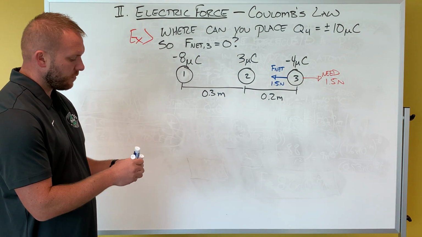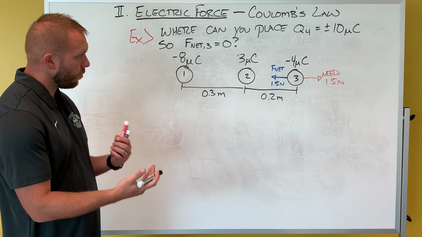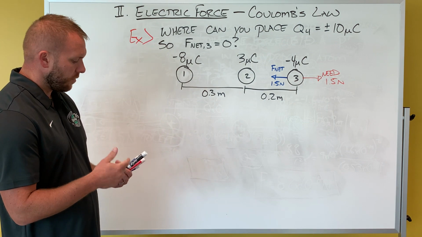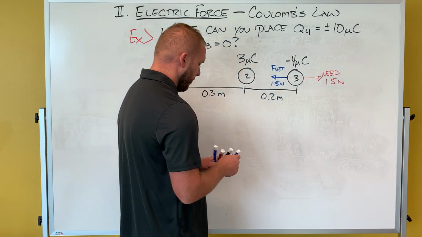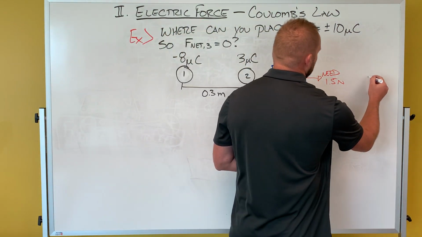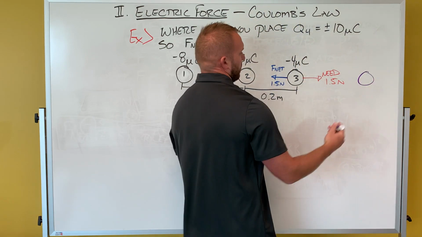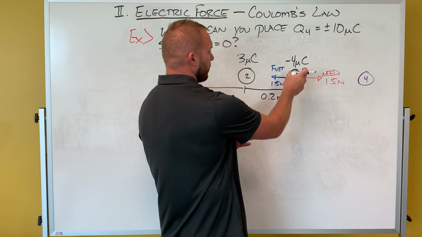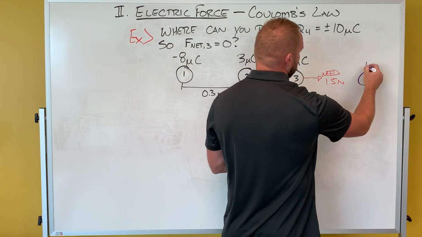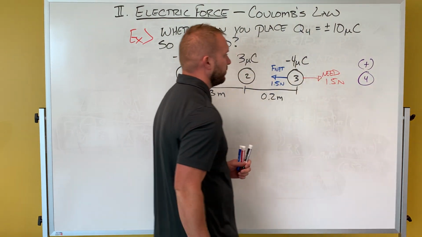So how can we do that? Well, let's think about that. There's really two ways that you could do it. One is if we were to place Q4 to the right. That would need to be an attracting force. Because this is negative, this would have to be a positive.